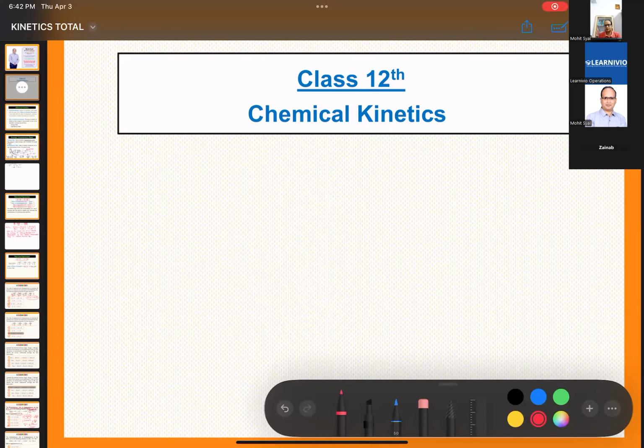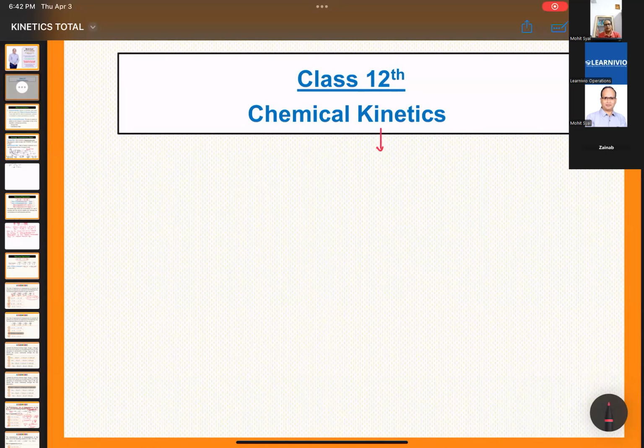So what is the definition of chemical kinetics? This is the first question you can expect in your CBSE exam from this chapter. The first and foremost question is, what do you understand by chemical kinetics?